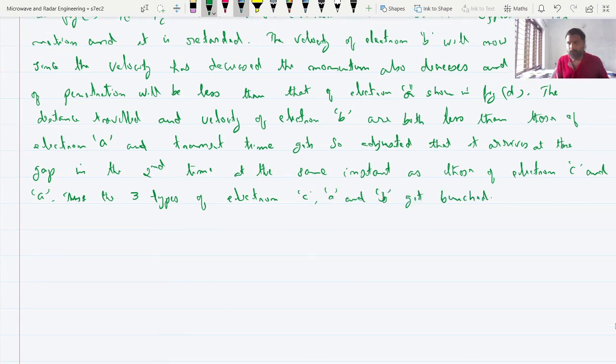So next are the other two electrons that do not participate in the bunching.